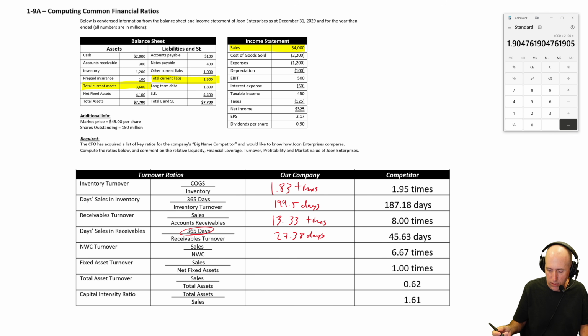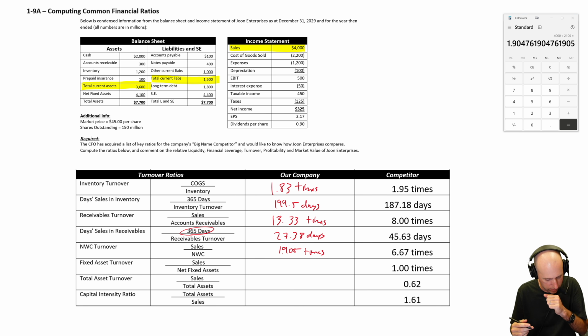Bigger is going to be better here. 1.905 times for us, and our competitor 6.67 times. It means how effectively are you using your working capital to generate sales? And they're doing a much better job.